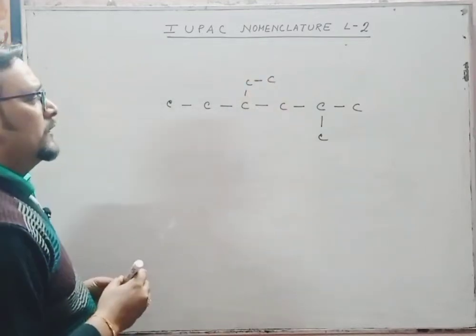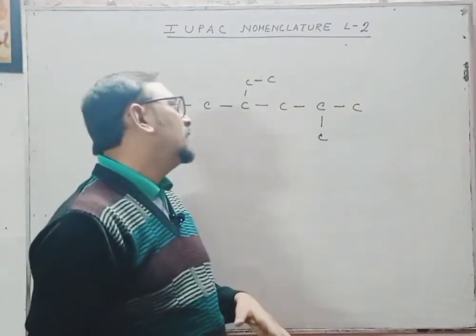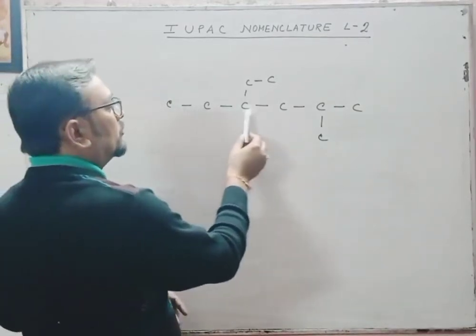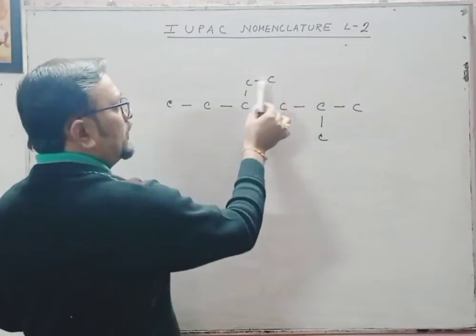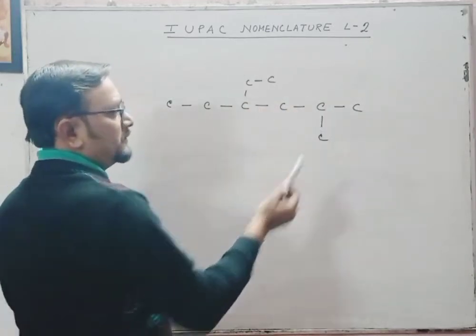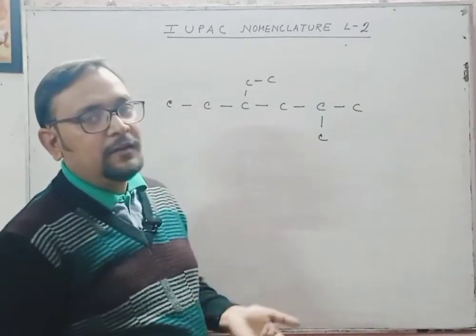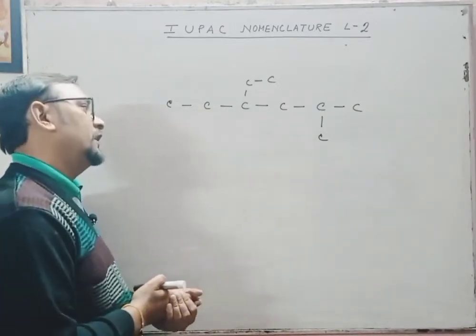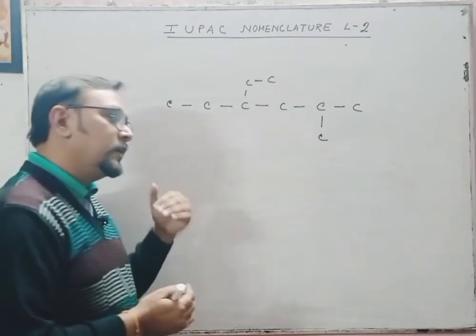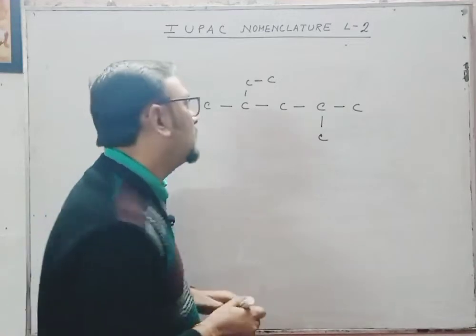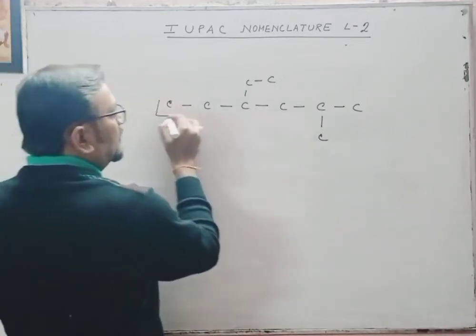So first of all let us select the longest chain, right? You can go for any of the sides or any of the longest chains. But always remember you cannot recount the same carbon again. So let me select this only.